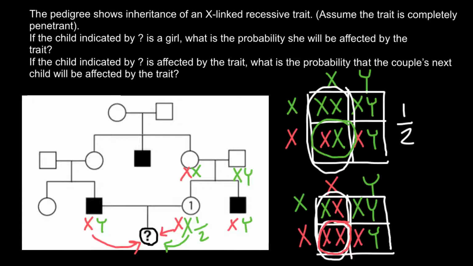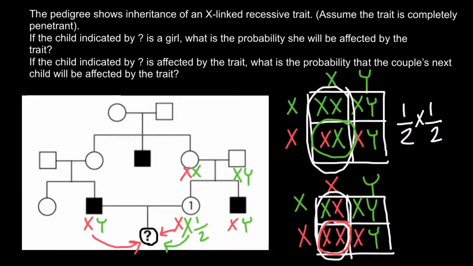So once again, mother has 50% chances to be a carrier, and if she is a carrier, there is once again 50% chances, or 1/2, that she would give this defective X chromosome to her daughter. So this is two independent events.